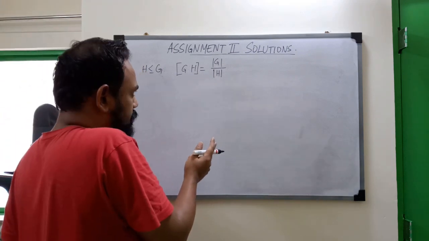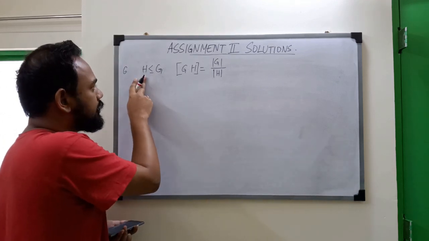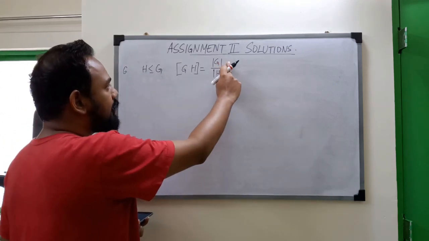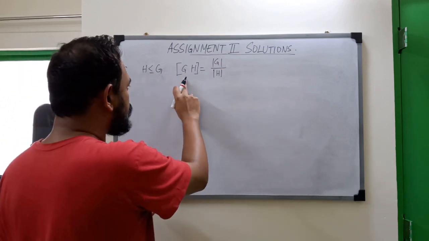This is by Lagrange's theorem again. Because H is a subgroup of G, the number of elements in H will divide the number of elements in G, and whatever number you get, we call the index. This is called the index of H in G.